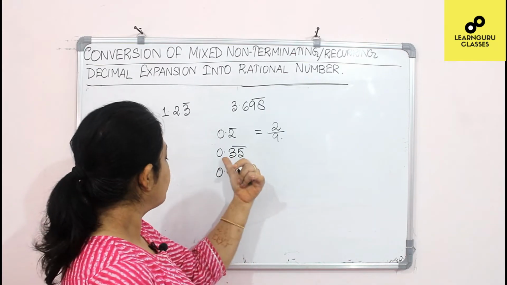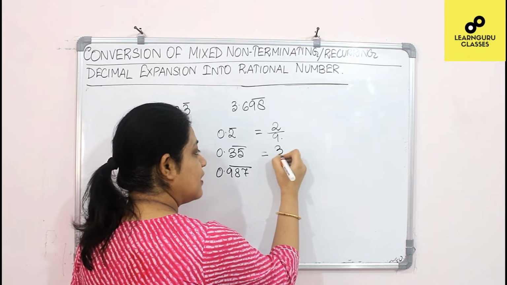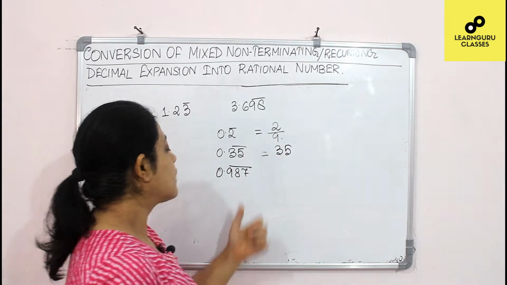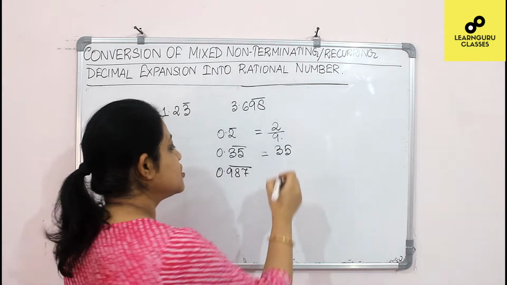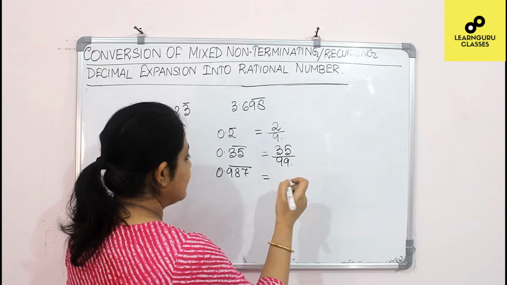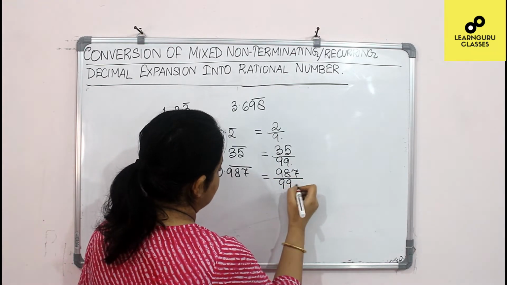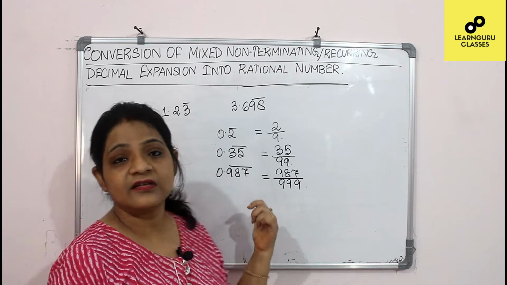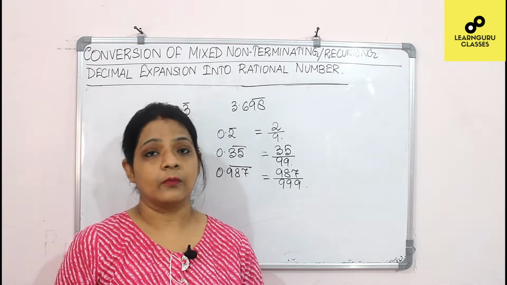Let's move on. 0.35 bar. In the numerator, you write 35, and in the denominator, 2 digits are under the bar, so you write 99. Then 0.987 bar is 987 by 999, because 3 digits are under the bar, so three 9s you write in the denominator.